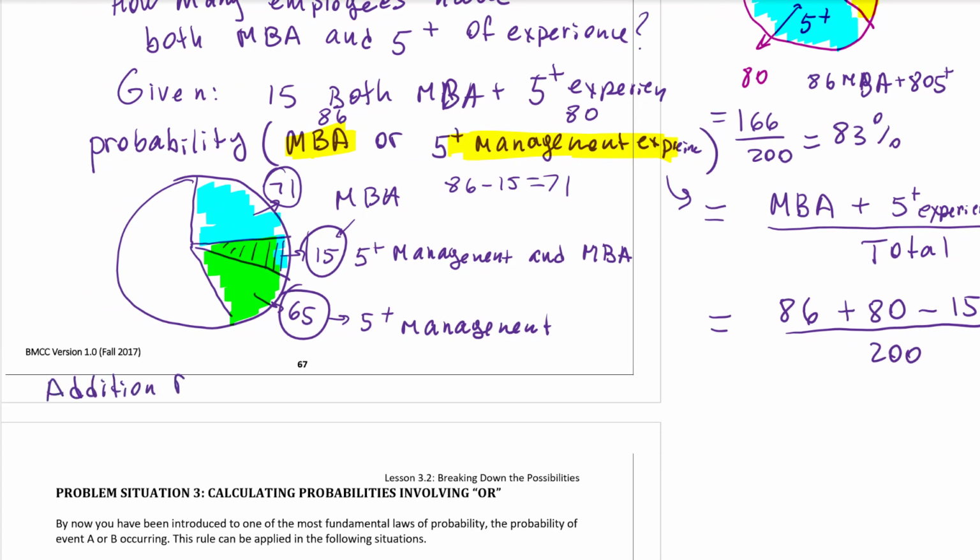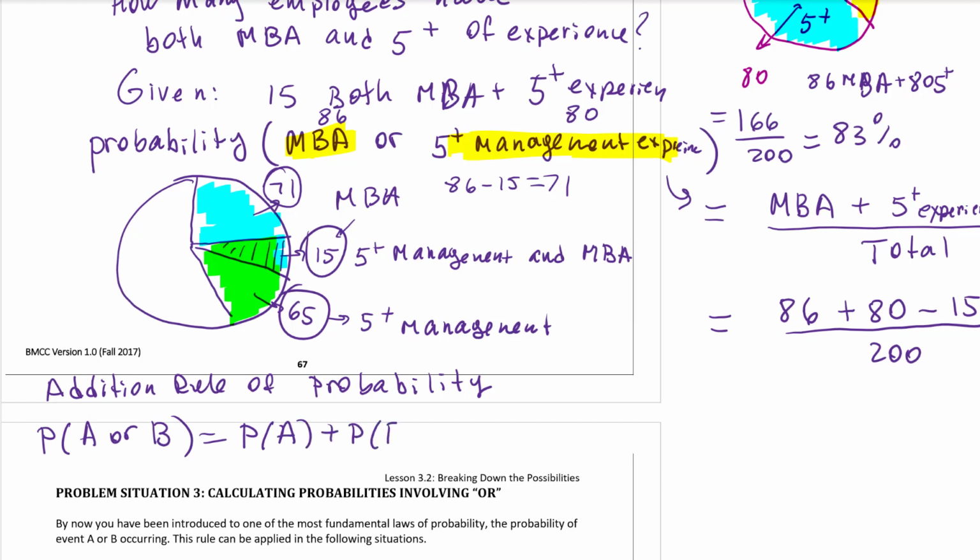What that says is that when you are looking at events that can be connected in any way, like probability of A or B, you take the probability of the first event, you add the probability of the second event, and you subtract any possible overlap.